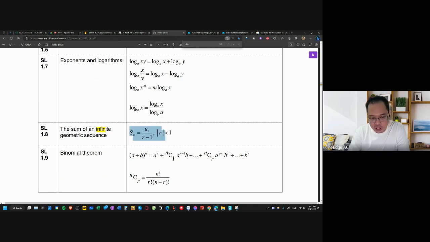We haven't seen a problem like this. Let's remind: if you see a question about an infinite sum, the sum of infinite terms, such as 1 billion terms, or we just know that the number of terms is infinite, the common ratio must be less than 1 so that this formula is valid.